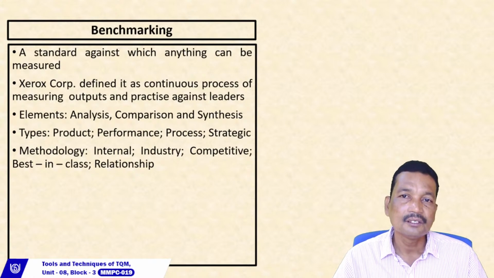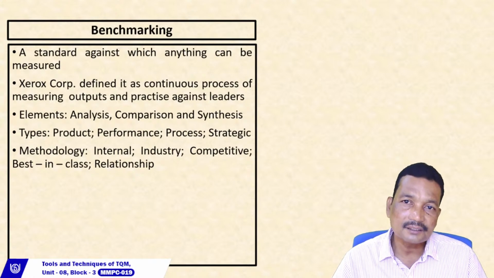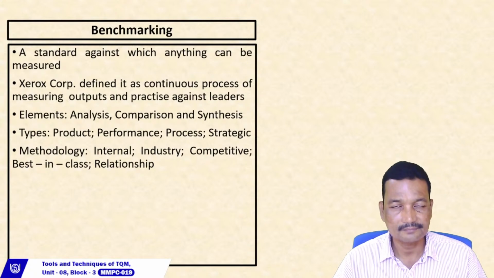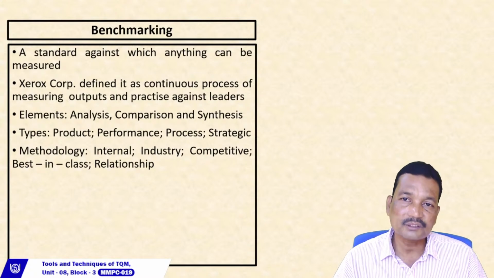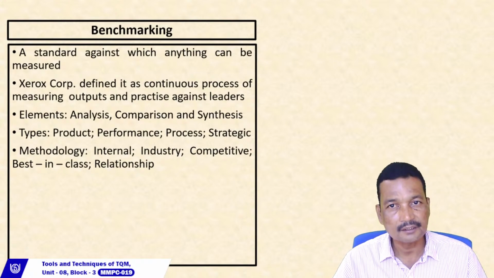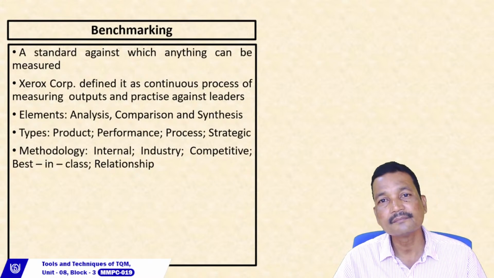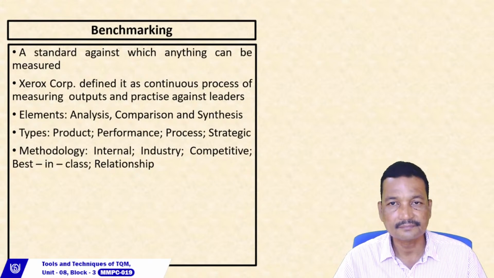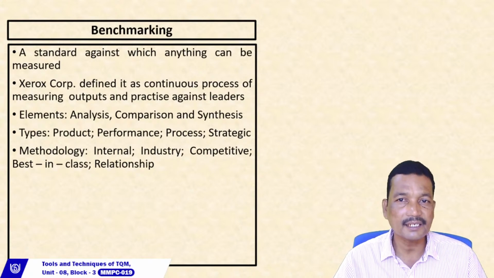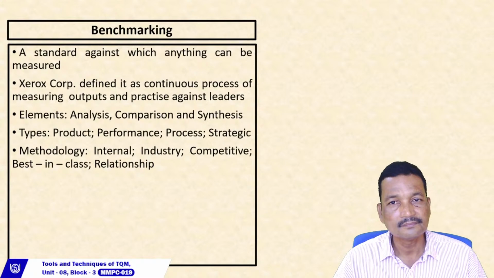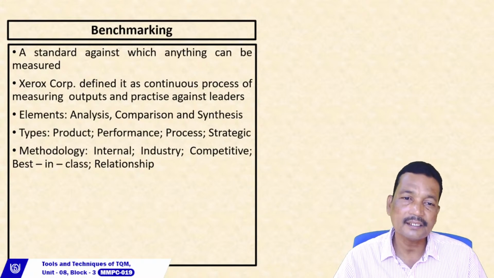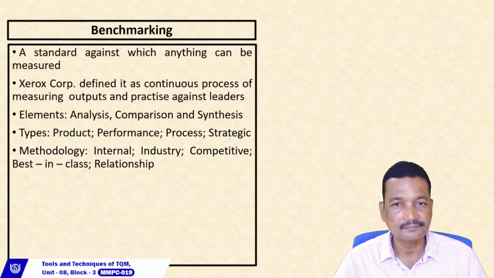Now, how is our processing in our different segments being done? It is compared with the processing factor of the leaders. We try to see where we are lagging behind. How can we work in a better manner?